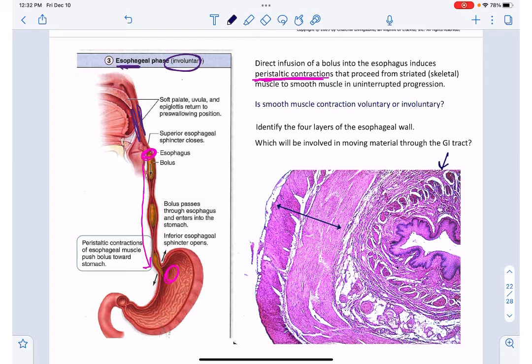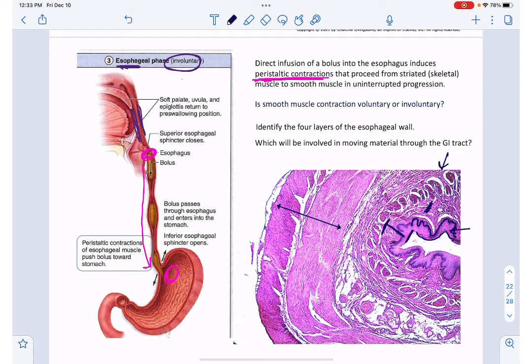Here we have some histology. This is a nice histology figure of the esophagus. From right about there to right about there, that's the mucosa layer. Here's the epithelium in that. What type of epithelium is that? That's stratified squamous epithelium.